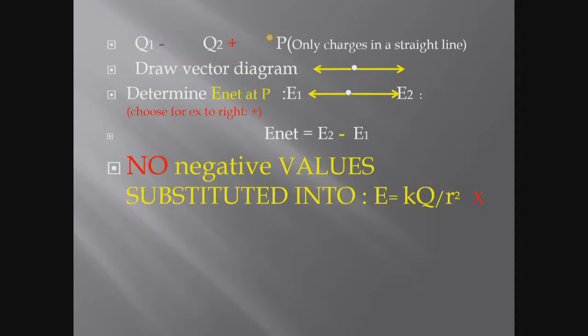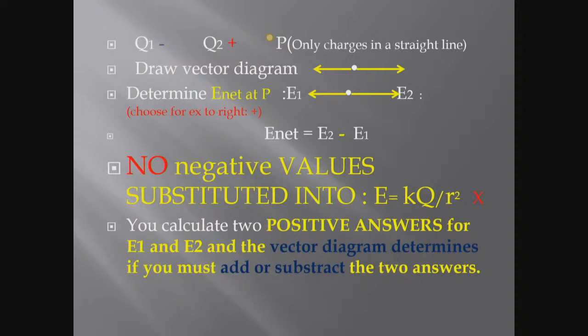If it is minus 3 nanocoulomb, you substitute 3 times 10 to the power minus 9, not minus 3, because a minus answer indicates nothing about direction. Direction of the net electric field is only determined by your vector diagram and the addition or subtraction of your values. Nothing about the values that you substitute.